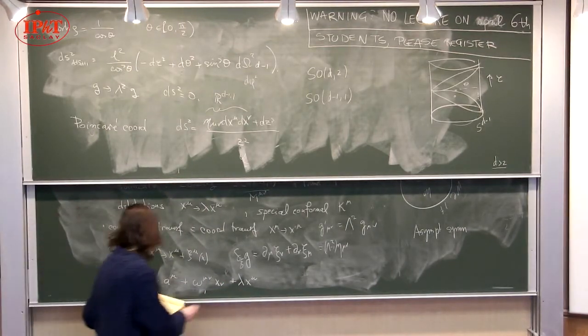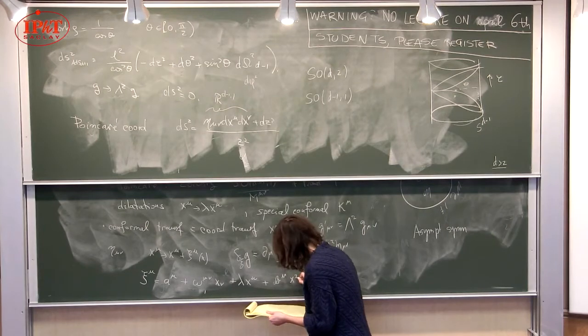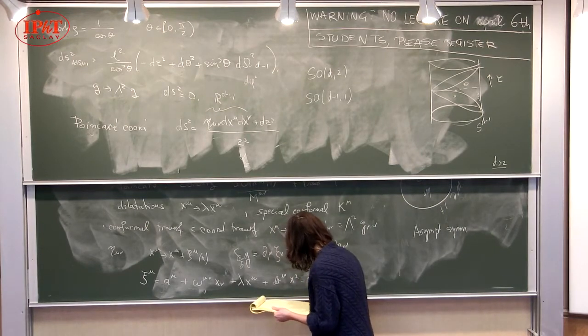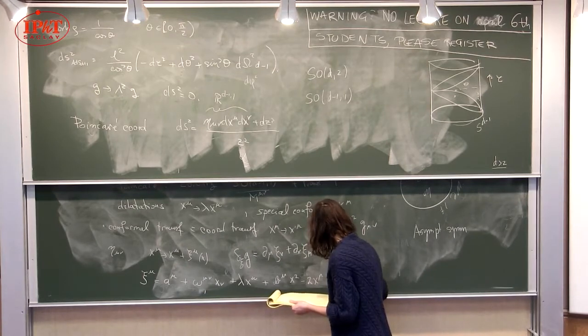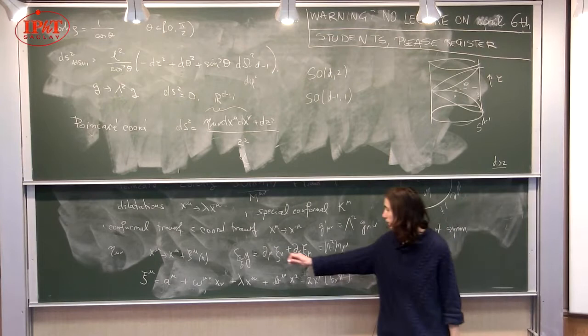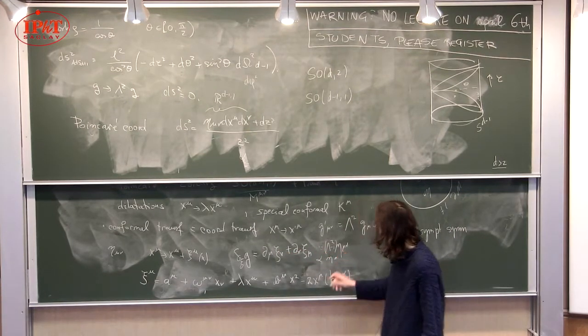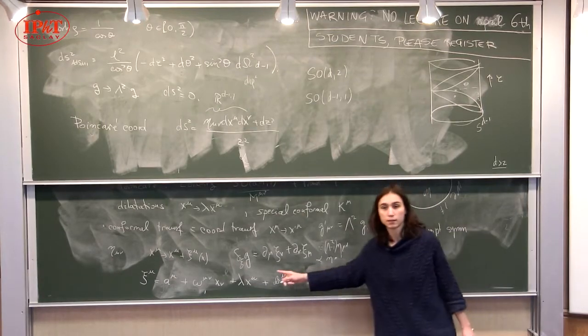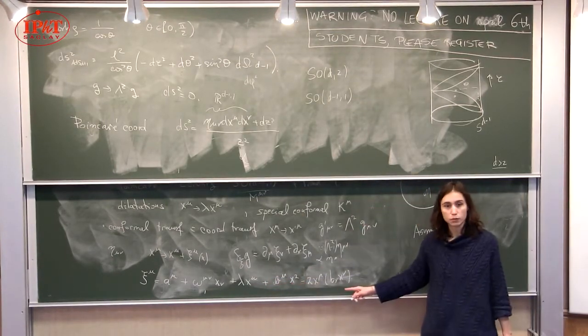And then the special conformal transformations look something like d mu x squared minus 2 x mu d mu x nu. You can see that this guy is proportional to eta mu nu, and also has a solution that looks like this. And these are the infinitesimal generators of the special conformal transformation.